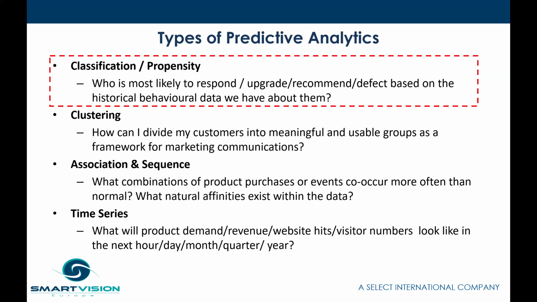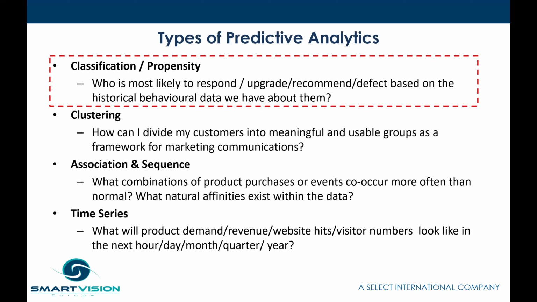Other types of predictive analytics include things like cluster analysis, where you don't have a target field. There's no one specific thing that you're trying to model, but rather you're trying to group together similar people, similar patients, similar customers, similar events to create sort of categories or segments, if you like. There's association and sequence analysis, where you're looking at what combinations of things tend to co-occur.